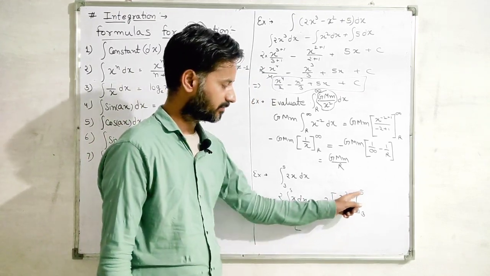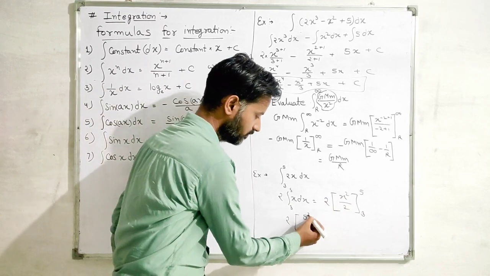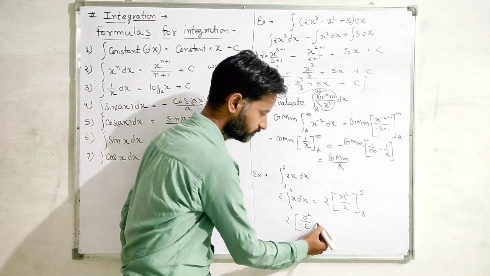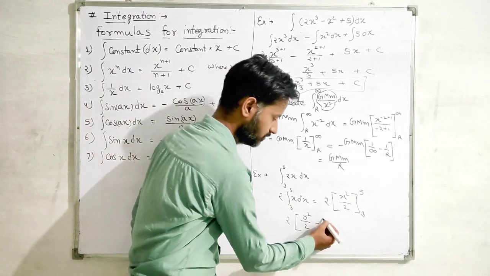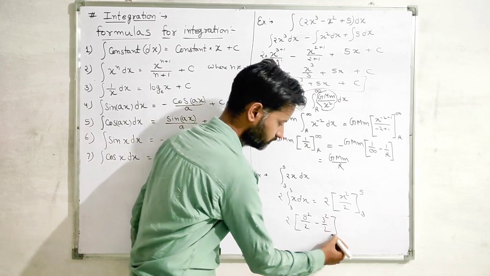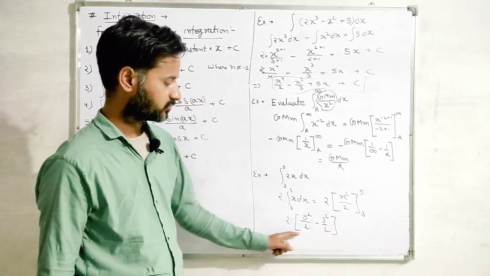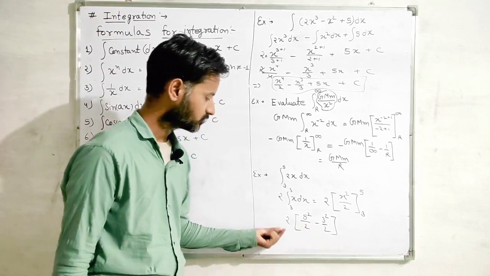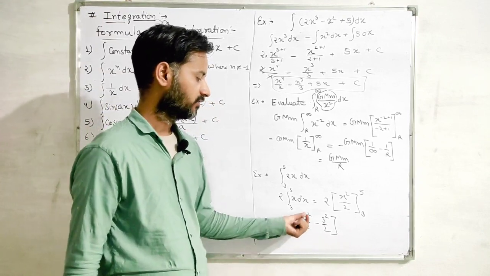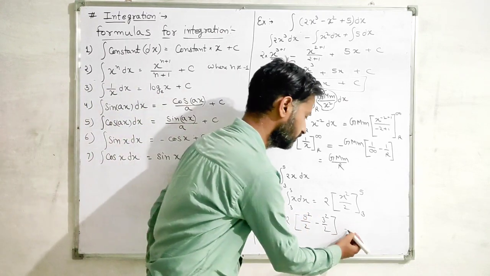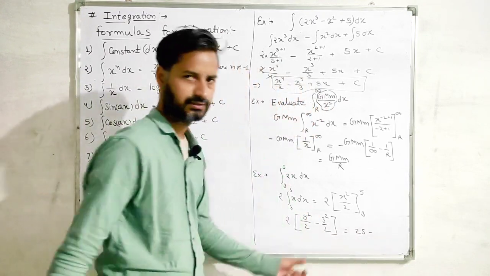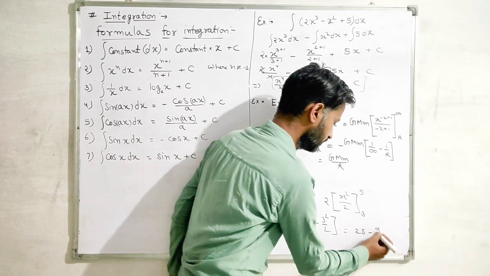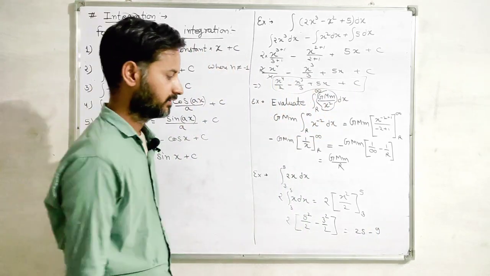At x we place 5, divided by 2, minus 3 divided by 2. This 2 will come outside, so 1 upon 2 is common, and this 2 will be cancelled by that one. The square of 5 is 25 minus the square of 3 which is 9, and we get the answer 16.